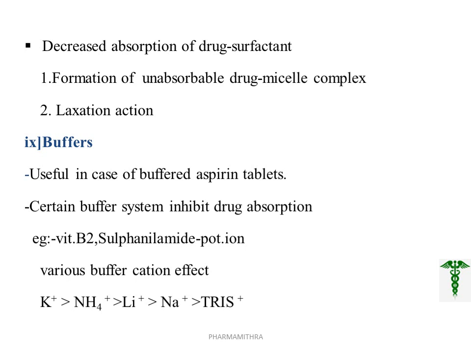That is seen in the case of vitamin B2 and sulfanilamide. The reason is that due to uptake of fluid by the intestinal cell, the effective drug concentration gets reduced and the absorption rate is decreased. That is why the buffer system containing potassium cation inhibits drug absorption.